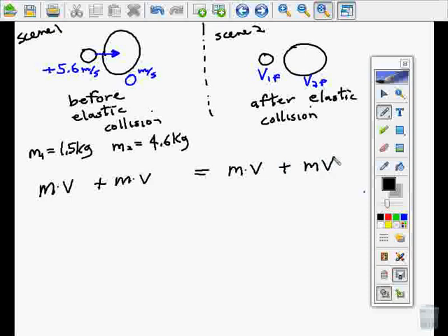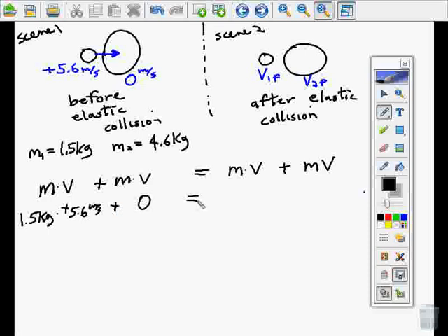Some people give them little helpful subscripts. Other people find it confusing. I'm just going to leave it as it is. But you've got to realize those m's are different and the v's are all different. So let's put in some values. Over here, the mass of that little guy is 1.5 kilograms, and we know its initial velocity is 5.6 meters per second. Yes? And then what about the momentum of the second guy? 0.